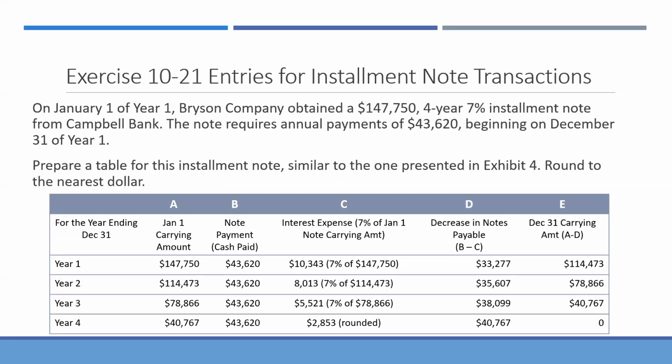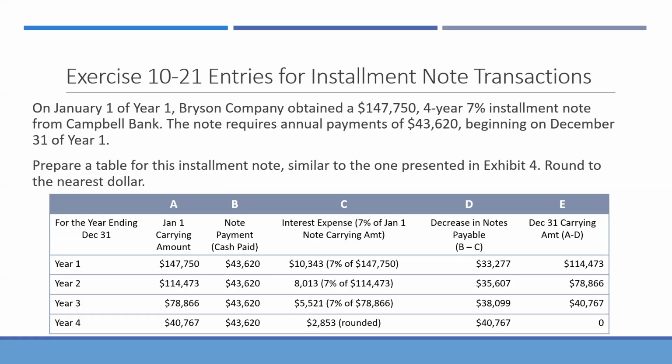And so in the table that we create, we have 147,750 the first year. The cash payments are the same every single year. And then the interest expense is 7% times the beginning January 1st carrying amount. And then the decrease in notes payable is the cash paid minus the interest.